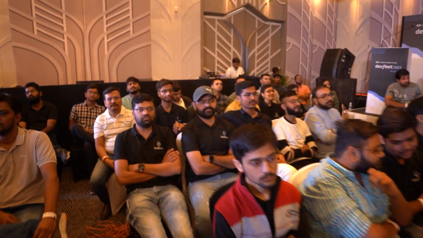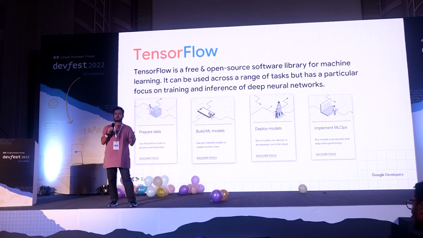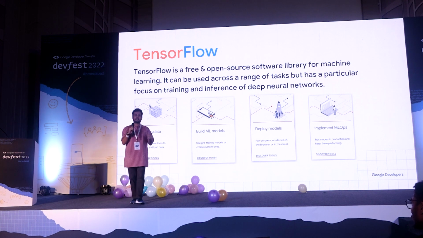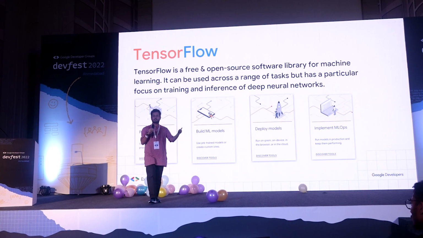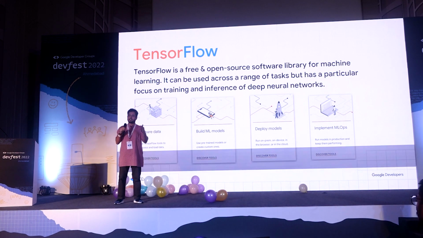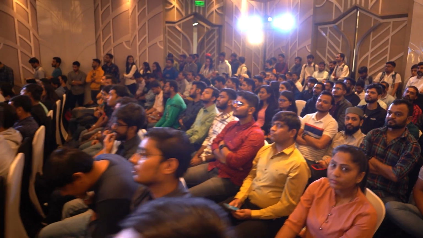So I'll give you a small introduction about TensorFlow. For people who are new to the entire machine learning ecosystem, TensorFlow is basically an open source library, open sourced by Google again, wherein you can create neural networks, deep neural networks from scratch. The advantage of using TensorFlow is you can prepare data using their custom functions which are available.